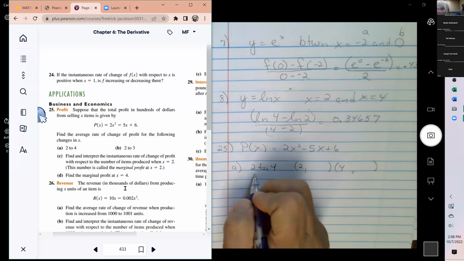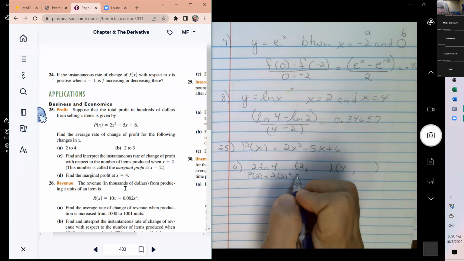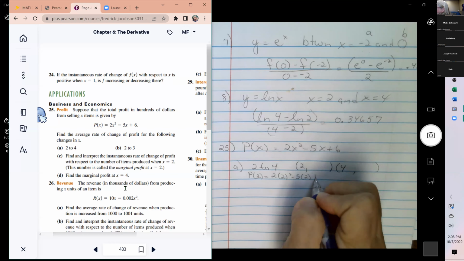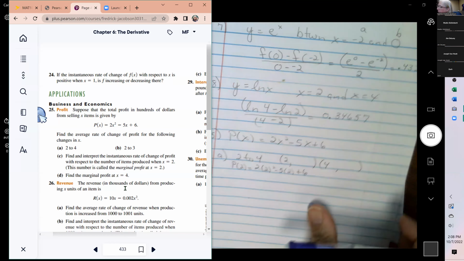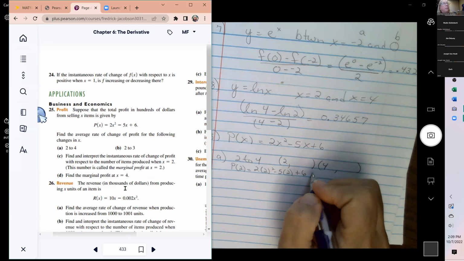Plugging in 2, we get 2 times 2 squared minus 5 times 2 plus 6. 8 minus 10 plus 6. What are we getting for y? Anyone? We're getting 4.